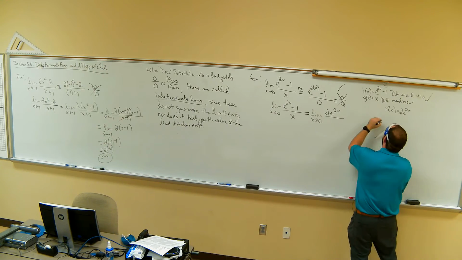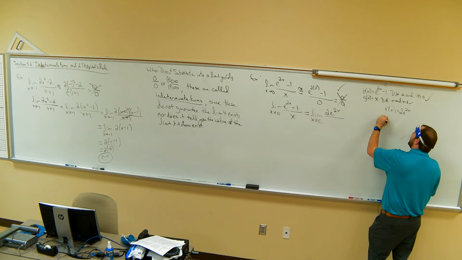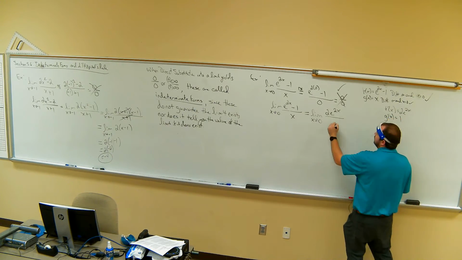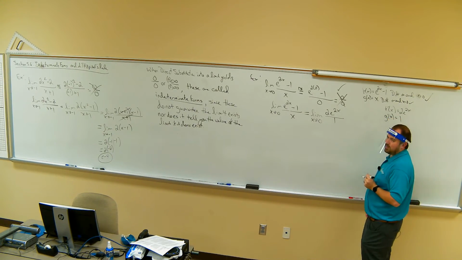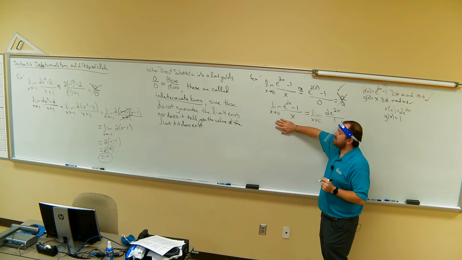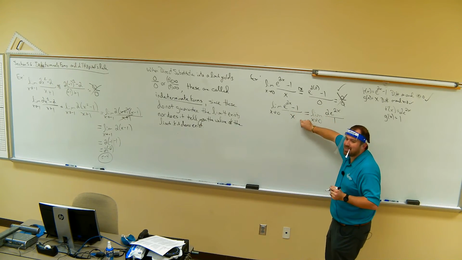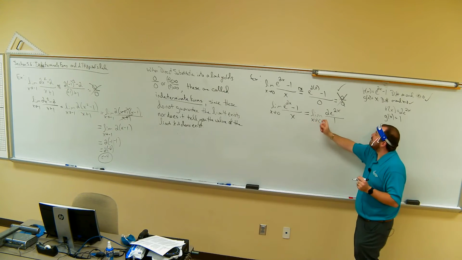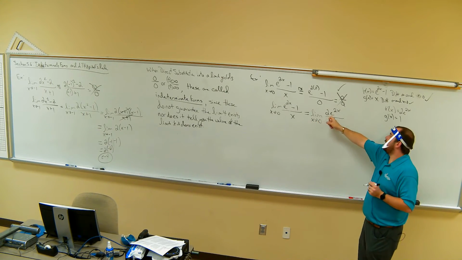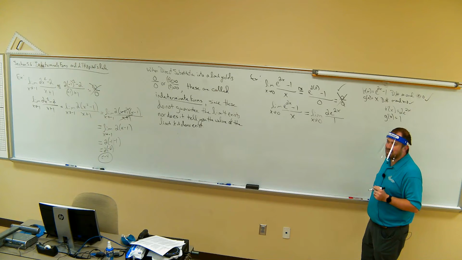And what's the derivative of g of x equaling x? 1, right? So what L'Hopital's rule tells us is the limit as x goes to 0 of e to the 2x minus 1 over x is going to be the exact same as the limit as x goes to 0 of 2e to the 2x over 1.